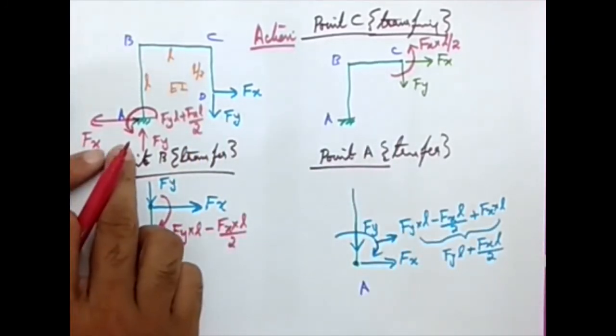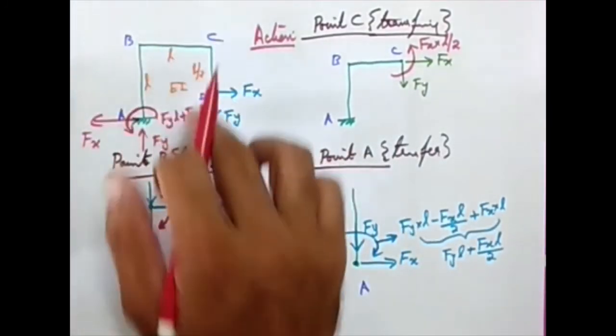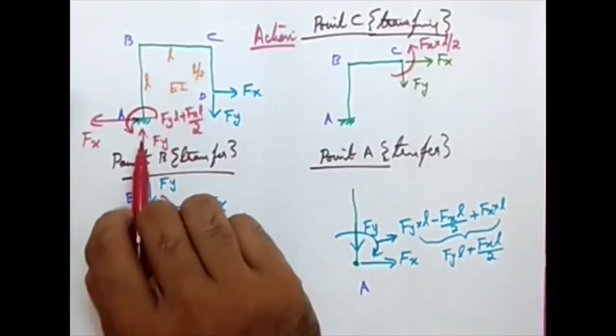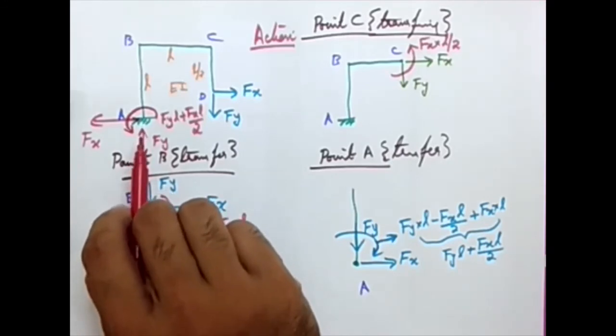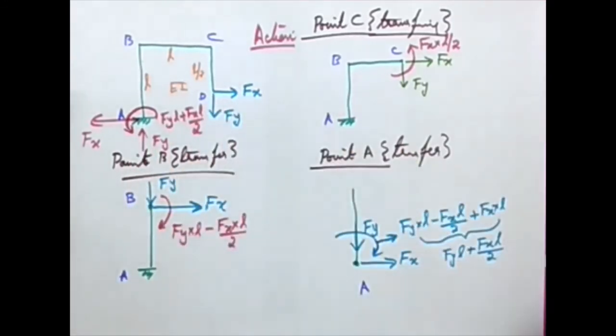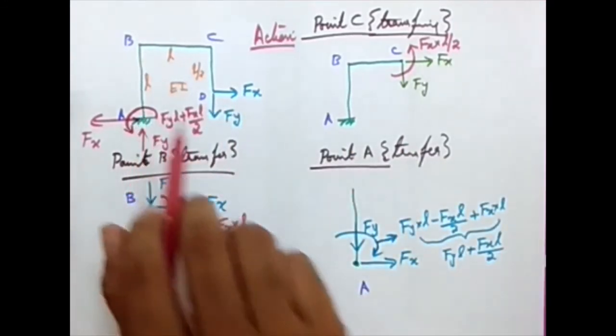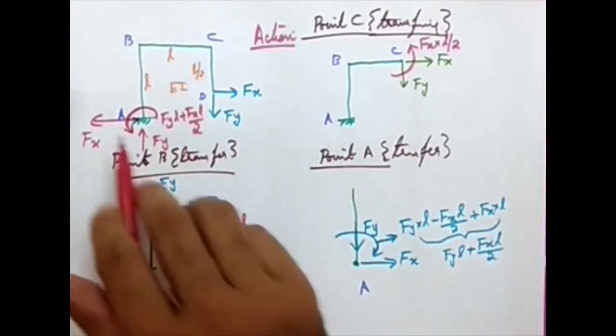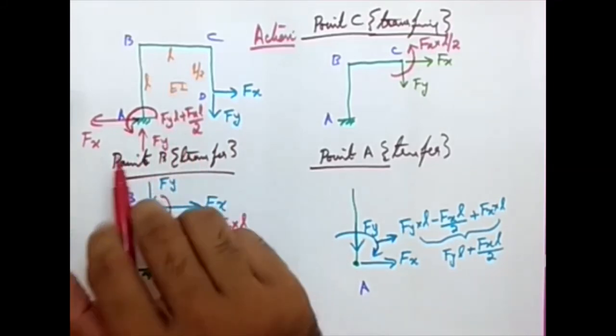So these are the reactions, and is this a determinate or indeterminate figure that we are discussing here? How many reactions will be there? At the fixed end there are 3 reactions, at the free end there are no reactions at all. So this is basically a determinate structure. So I can use the equations of equilibrium to get the reaction values, right?